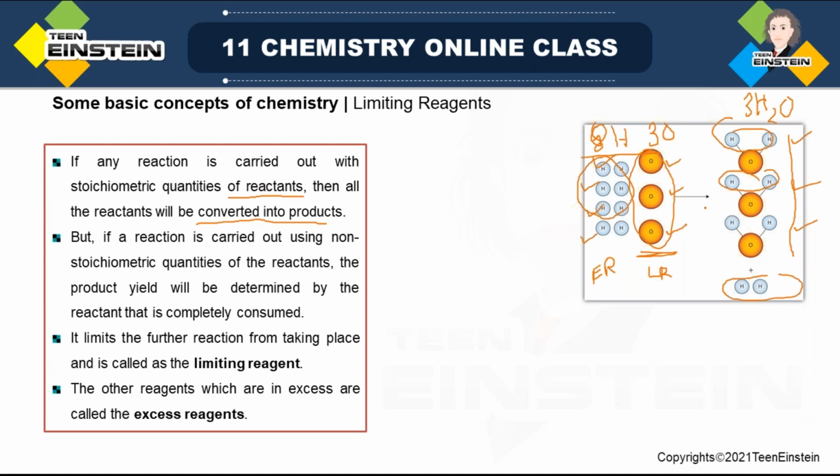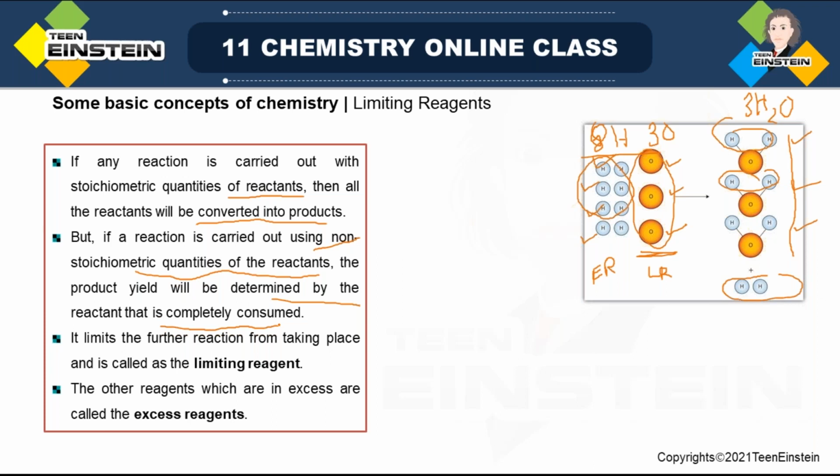But in practice, that is not always the case. Maybe you will have some reagent extra, hydrogen or oxygen in this case. If you follow the stoichiometric quantities just like the balanced equation, all of them will be completely consumed. Nothing will remain extra after the reaction. But if a reaction is carried out using non-stoichiometric quantities of the reactants, the product yield will be determined by the reactant that is completely consumed.